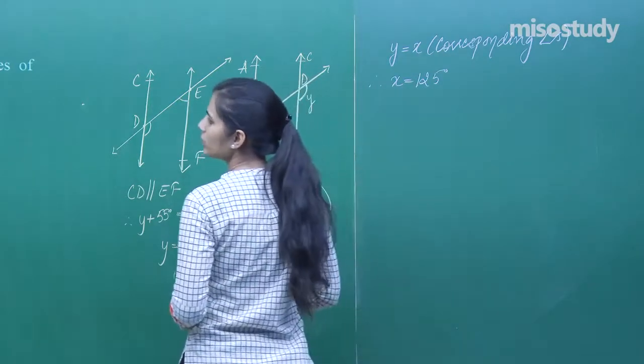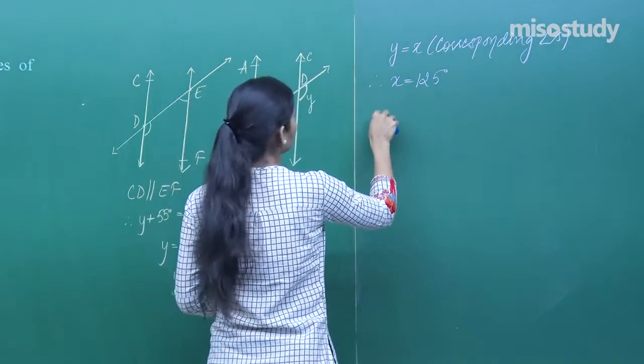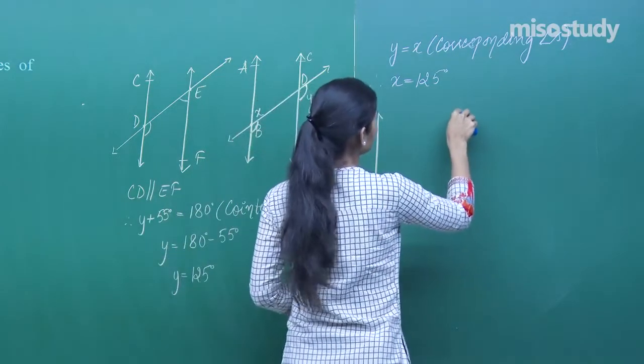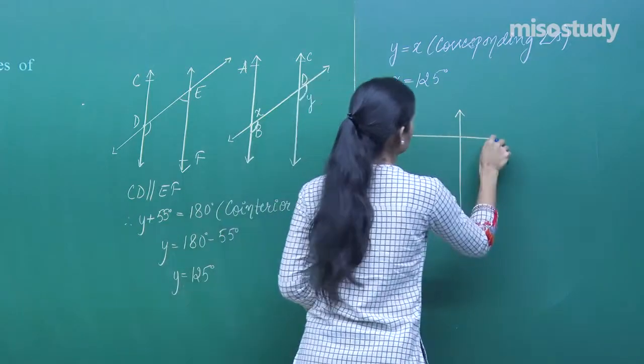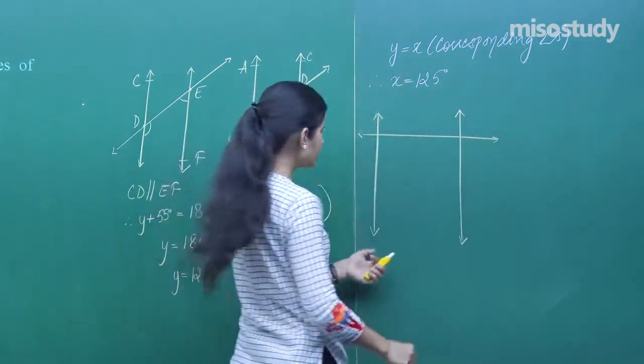Now let's focus upon another situation. I have this line, I have this line, and I have this transversal. These two lines are parallel.